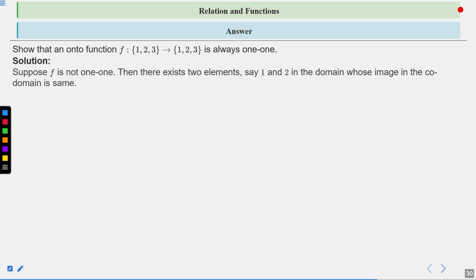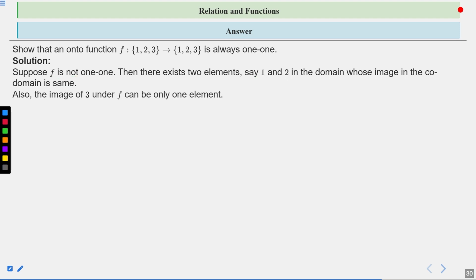Solution. Suppose f is not 1-1. Then there exist two elements, say 1 and 2, in the domain whose image in the codomain is the same. Yes, if it is not 1-1, then we must have two elements from the domain set for which we are having the same output.